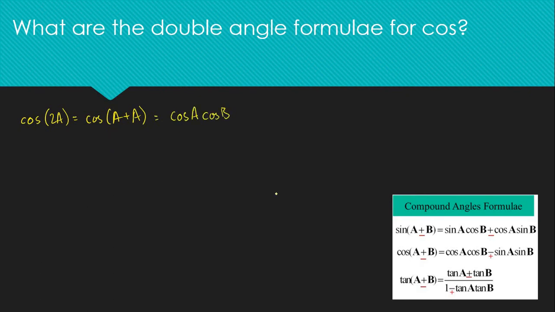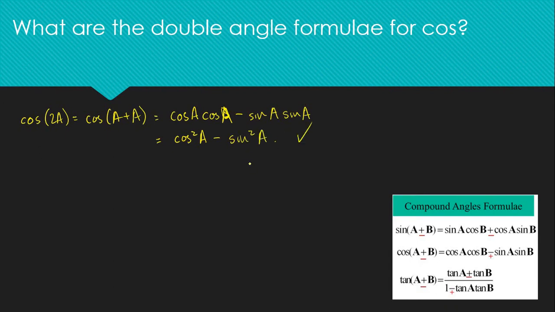Remember, if this is a plus, we use a minus, and we'll get sine a sine a. Okay, so you get cos a cos a minus sine a sine a. And what that ends up looking like is this. You get cos squared a minus sine squared a.